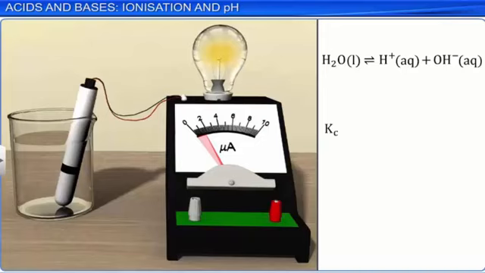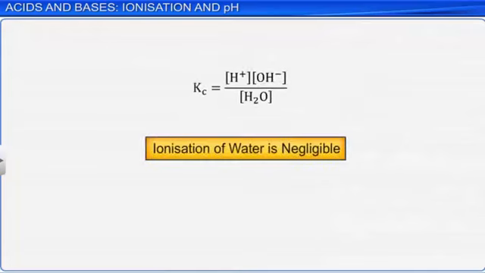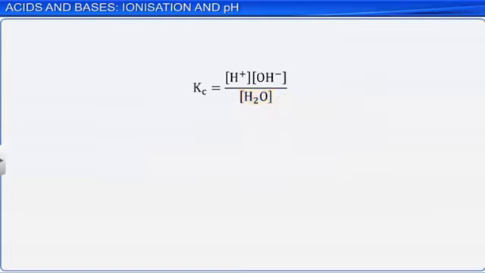The equilibrium constant Kc for this equilibrium can be written as Kc is equal to the product of concentration of H+ ions and concentration of OH- ions divided by concentration of H2O. Since the ionization of water is negligible, the concentration of water can be taken as constant.